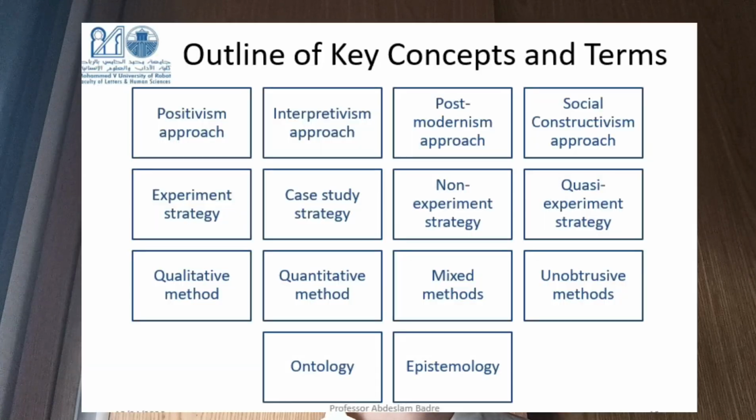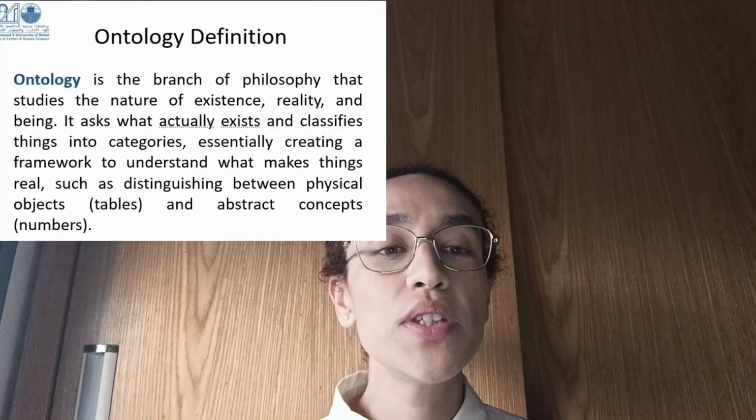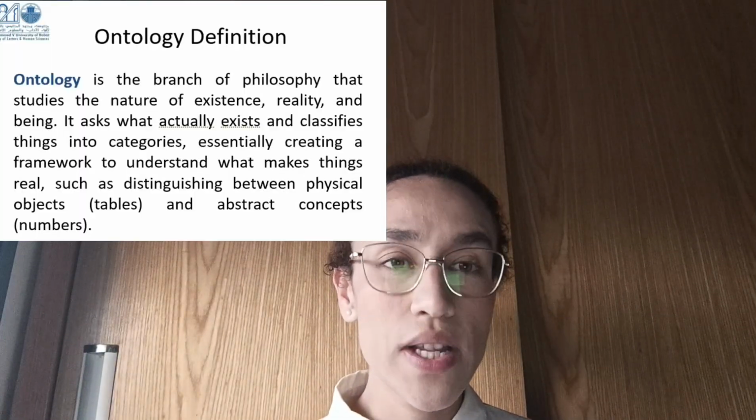This is an overview of the different concepts and terms related to research. We'll start with two important concepts in research, which are ontology and epistemology. Ontology is concerned with the nature of reality, what exists.